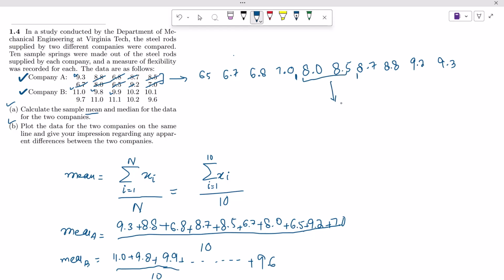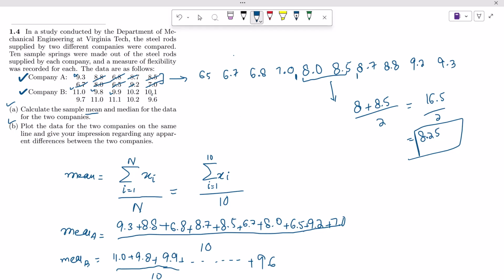Because the total number of points here is even, we have to take the two middle points, add them together and then find the mean of it. So that would be 16.5 divided by 2, and that would be 8.25. So the median of it is 8.25.